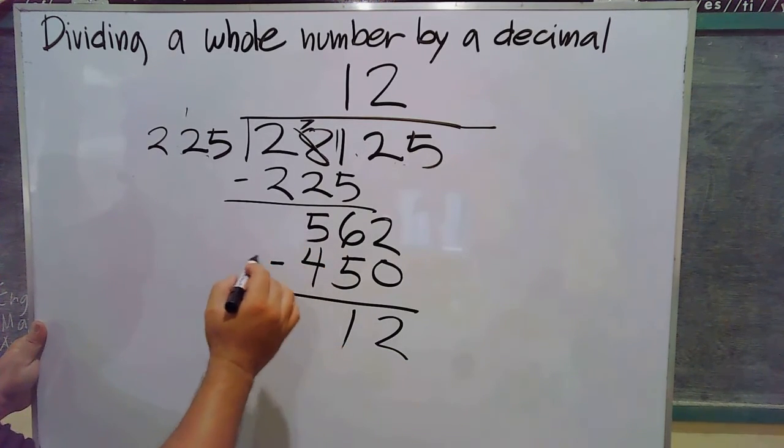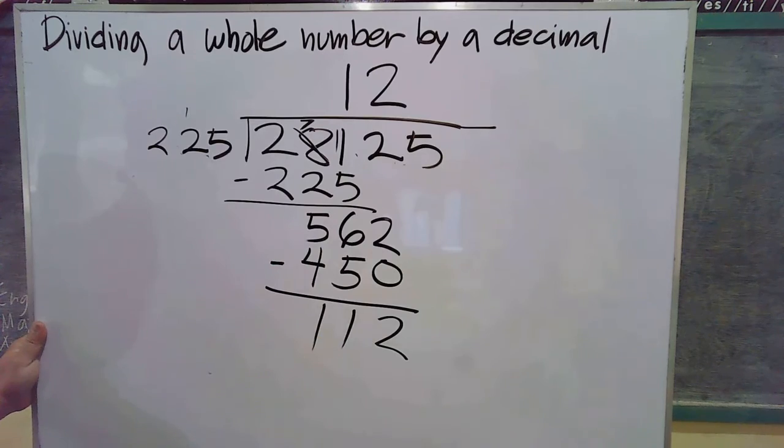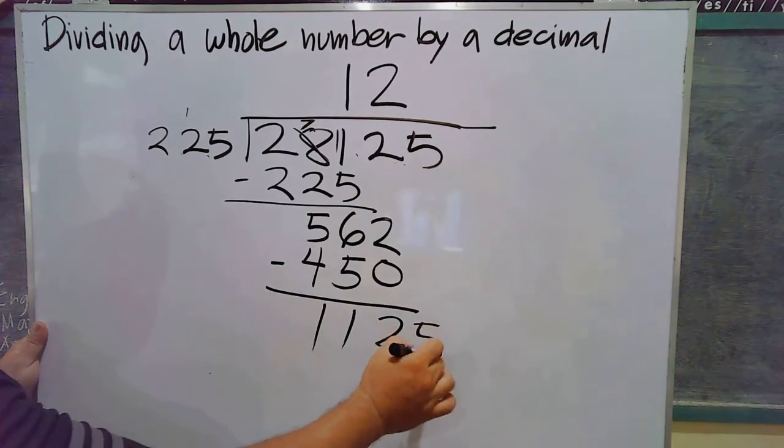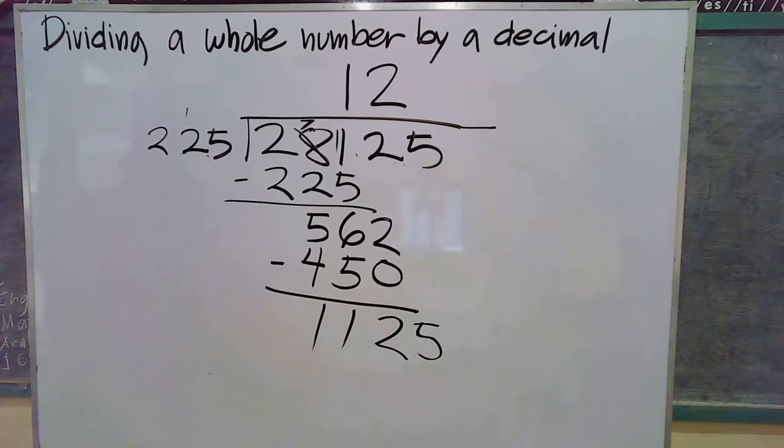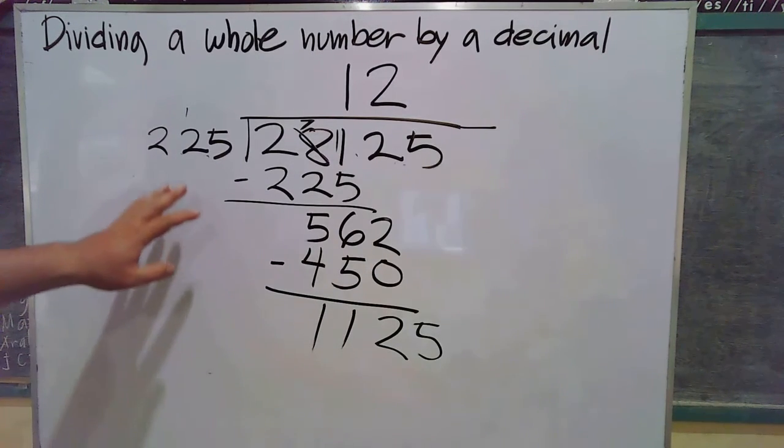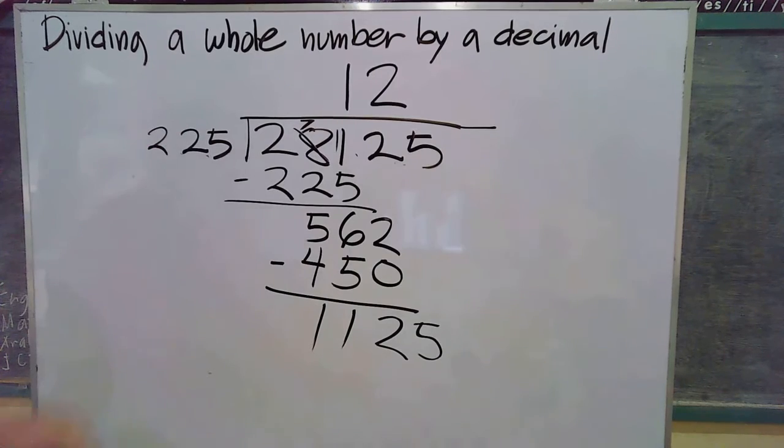And 5 minus 4 is 1. And bring down 5. So we have now 1,125 divided by 255.